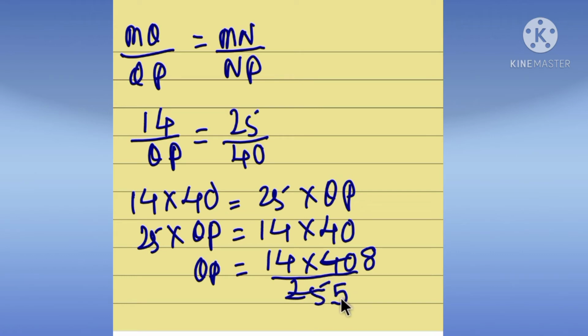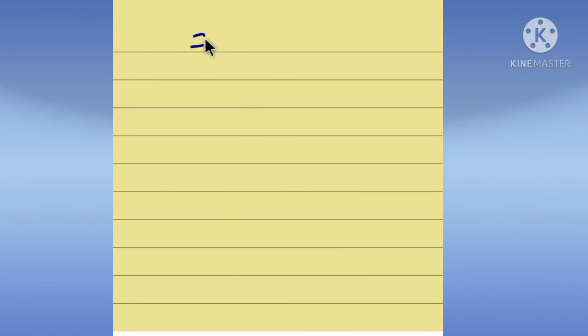Now we cannot divide 14 and 8 by number 5, so do multiplication first. 14 into 8: 8 fours are 32, 8 ones are 8, so 112 divided by 5. So I write this part once again on the next page: 112 upon 5.